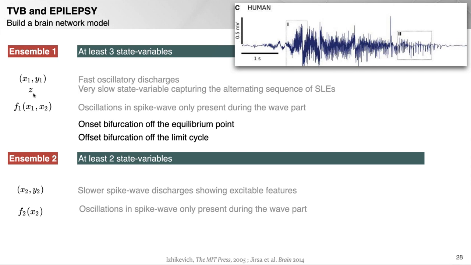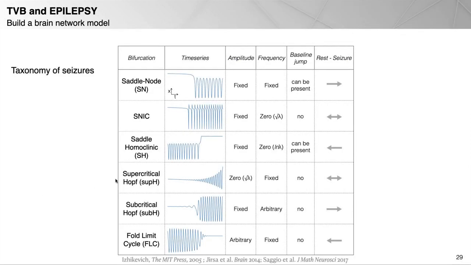And the transition from this normal state to a seizure and back constitutes two bifurcations: the onset bifurcation from the normal state to the seizure, and the offset for the way back. Based on these features, we can identify all possible bifurcation combinations and develop what we call a taxonomy of seizure-like events, and then discuss the most prominent class.